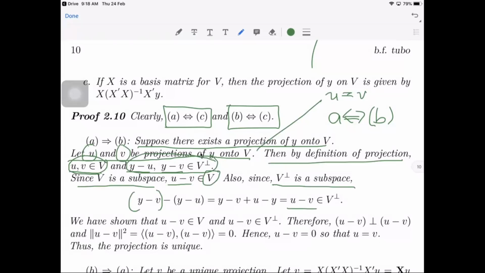So we have shown that U minus B is in V. Also, U minus B is in B perp. So unsa may pasabot ana?